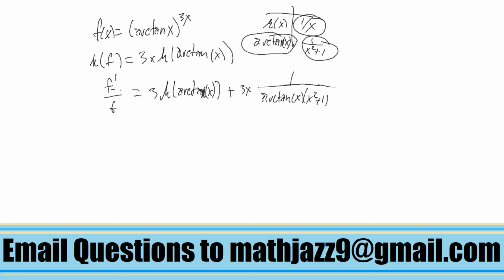So this is our derivative. We multiply both sides by f so that we can solve for f prime. f, of course, is just our original function, so we multiply by arctangent of x raised to the 3x power. And this is our derivative.